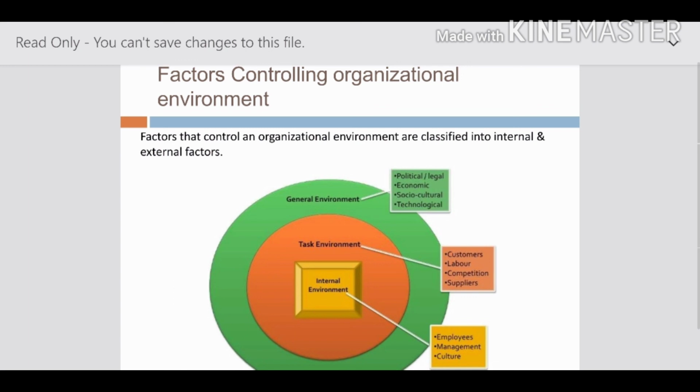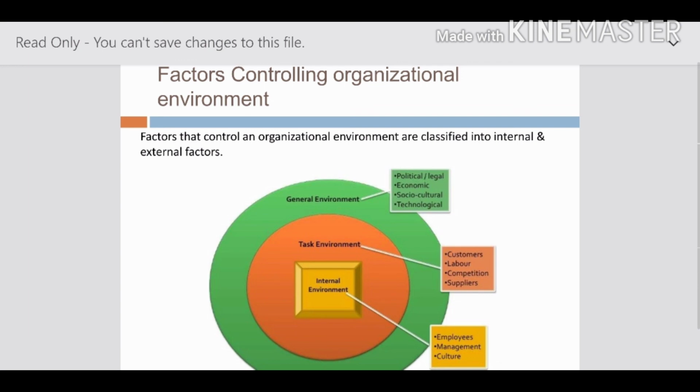As I told you, the external environment and the general environment are both the same. Task related environment here, and the third one we can call other basic environments. So there can be three types: internal, external, and task oriented. You can always remember internal, we are all discussing internally.